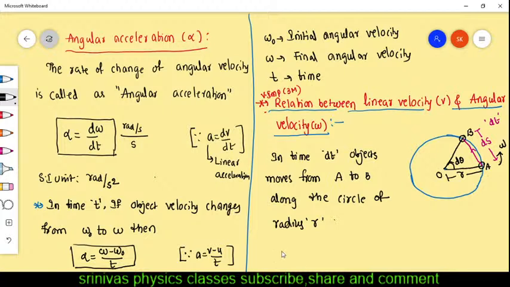Then it takes some displacement here. In this case, what is angular displacement from the figure? Angular displacement from the figure is d theta, right?